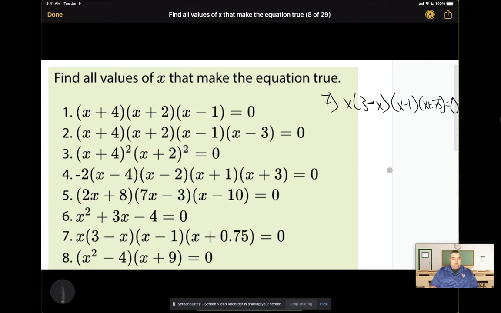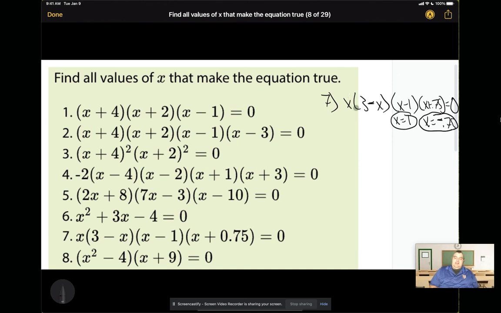Let's do the ones that are easy. So the x minus 1, that's easy. I could say that the x-intercept is going to be x equals positive 1. And even the x plus 0.75, that one's easy too, because I can say x equals negative 0.75.